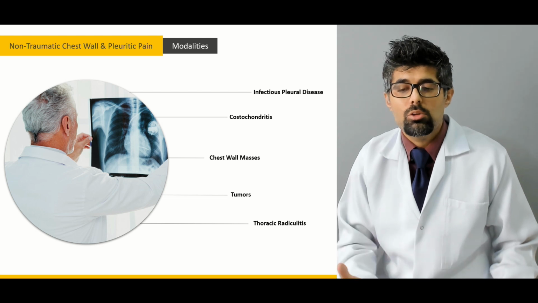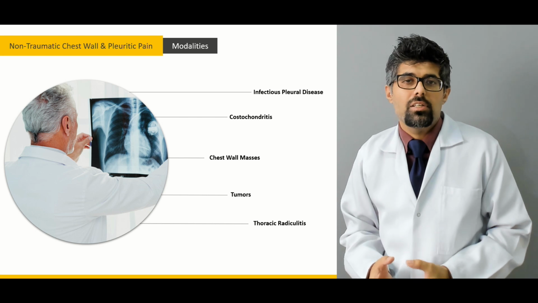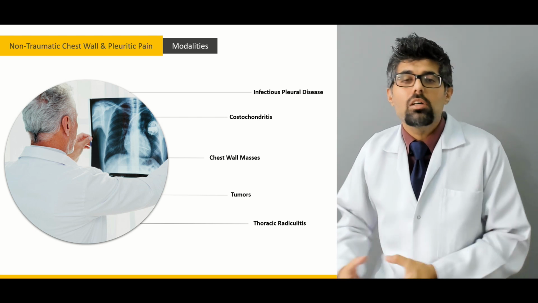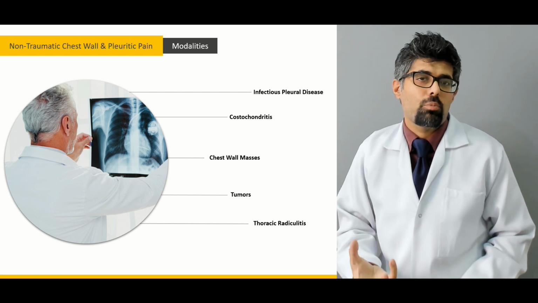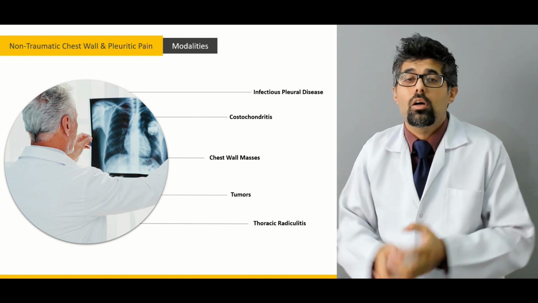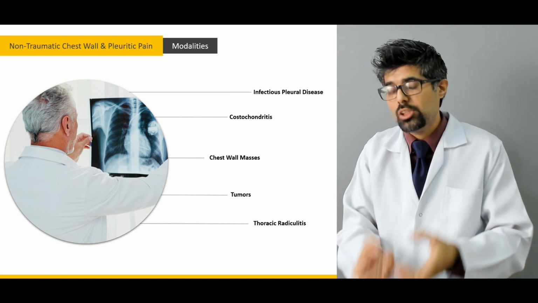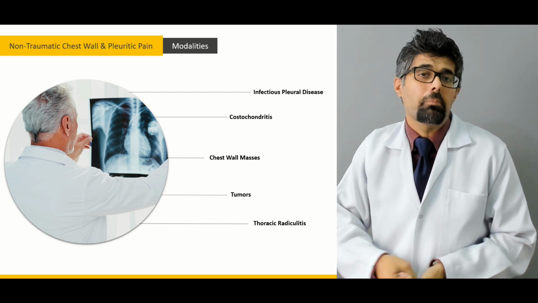Next, we have thoracic radiculitis. Now, radiculitis is defined as having nerve root compression. There is some kind of problem in the vertebra or around the vertebra which is causing the nerve roots coming out of it to get either entrapped or compressed.